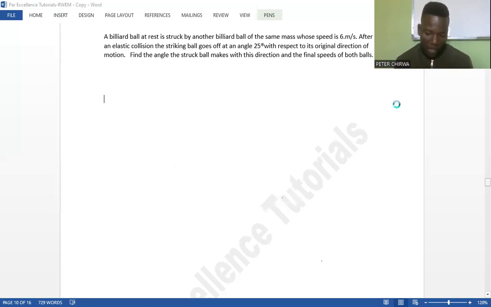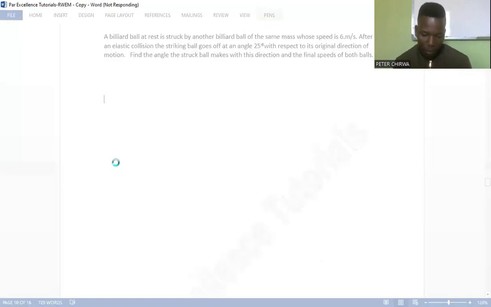So we have a billiard ball at rest that is struck by another billiard ball of the same mass, whose speed is 6 meters per second. So the masses are the same here, and the one that was moving had an initial speed of 6 meters per second.